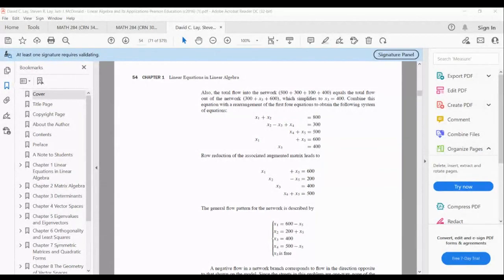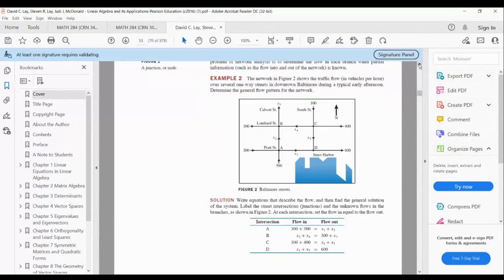Belen says the arrows don't mean anything. The arrows are just the direction of the traffic flow in the picture. On Pratt Street, which is a one-way street, is traffic moving to the right or the left?